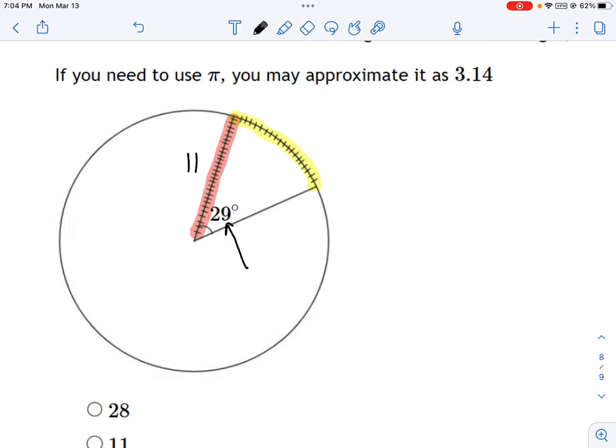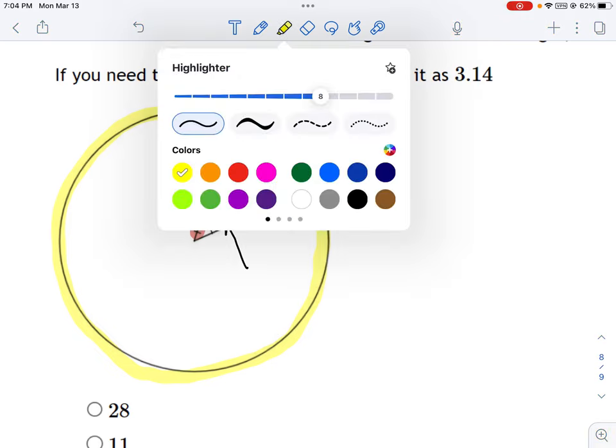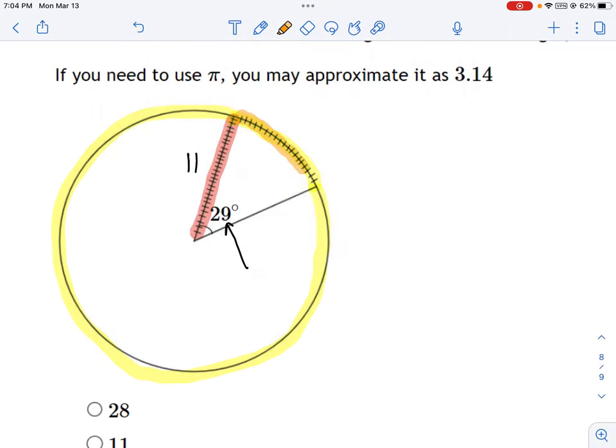So first thing I would say is, okay, that yellow portion, the arc, is on what we call the circumference of the circle. Circumference is like perimeter, but for a circle. It's the outside edge of a circle. Now, an arc is a portion of the circumference, just a little section there.